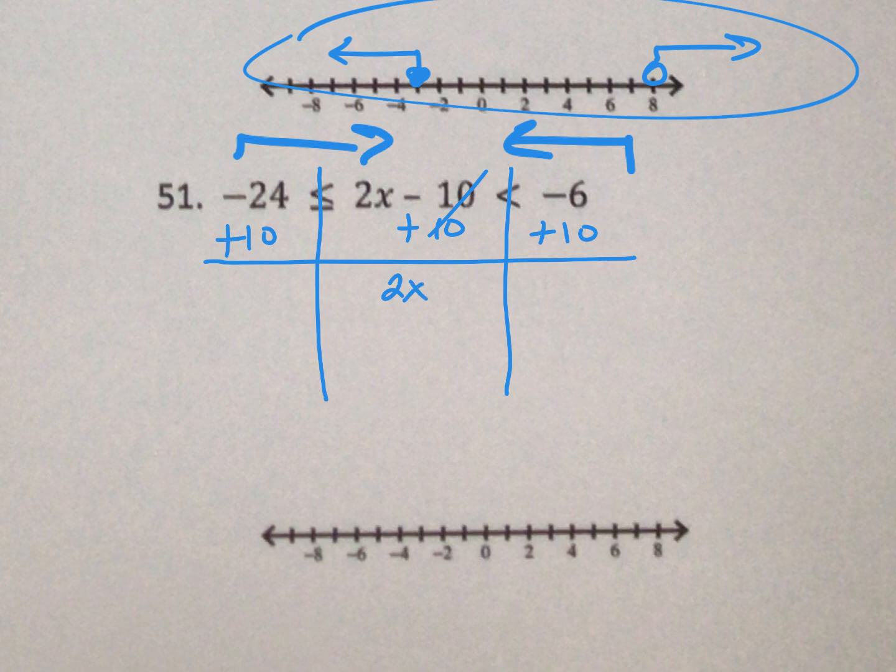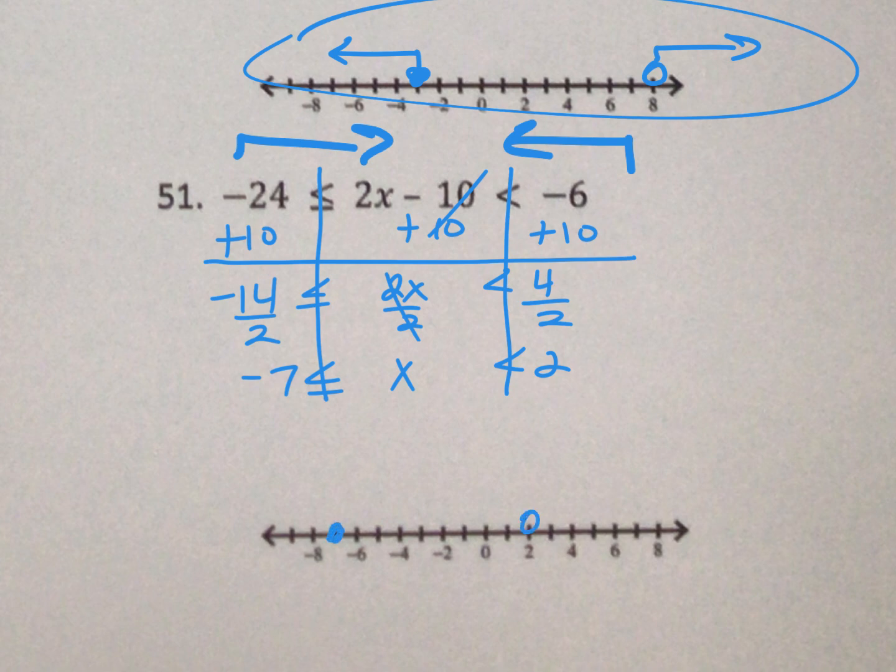In the middle, they cancel out. I bring down my signs. Negative 6 plus 10 is positive 4. Negative 24 plus 10 is negative 14. And then divide by 2. 4 divided by 2 is 2. Negative 14 divided by 2 is negative 7. So I've got a closed dot at negative 7, open dot at positive 2, and everything in between is a solution.